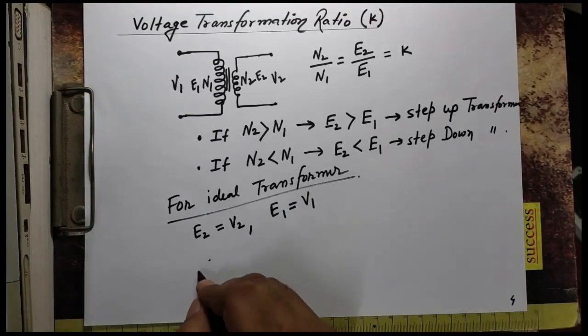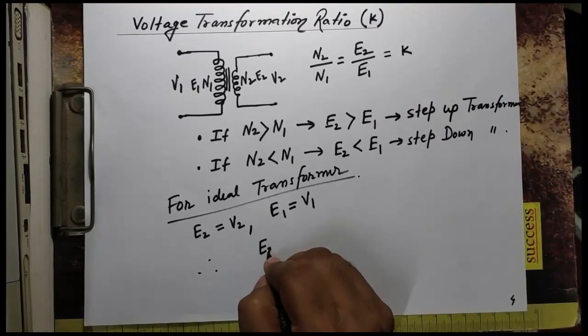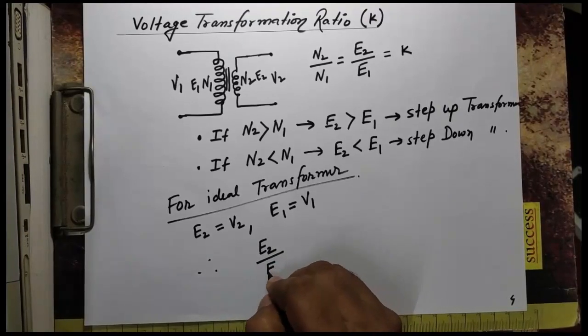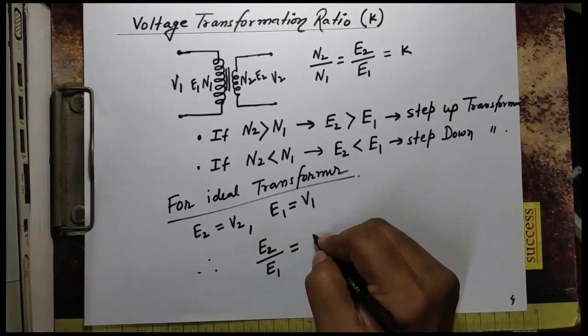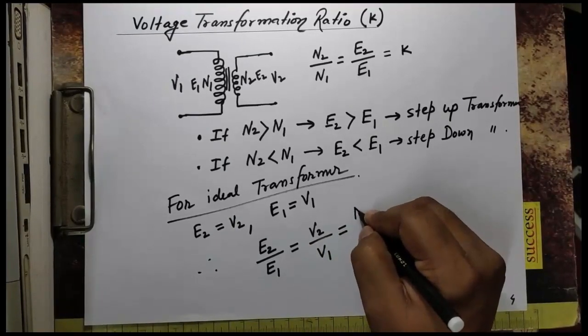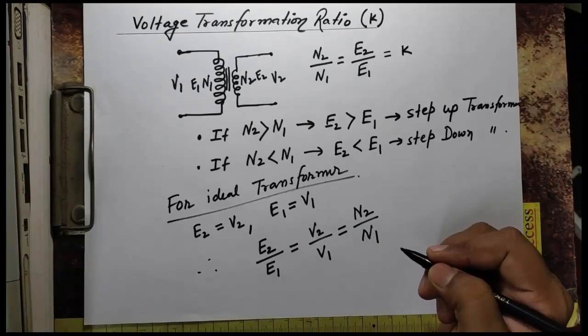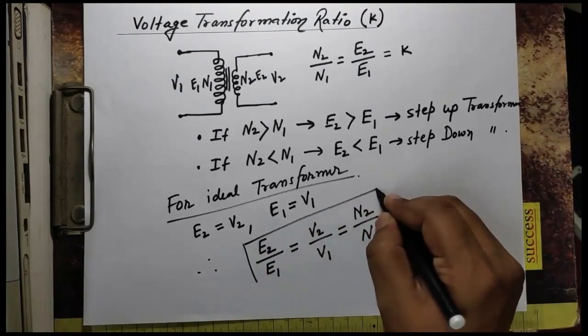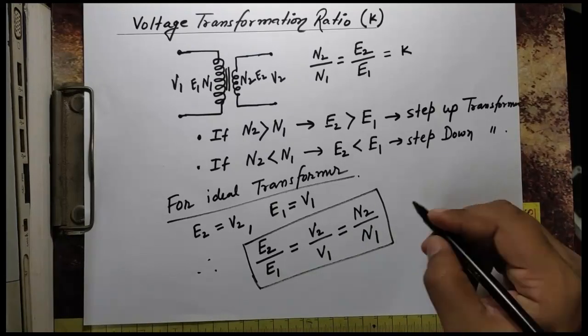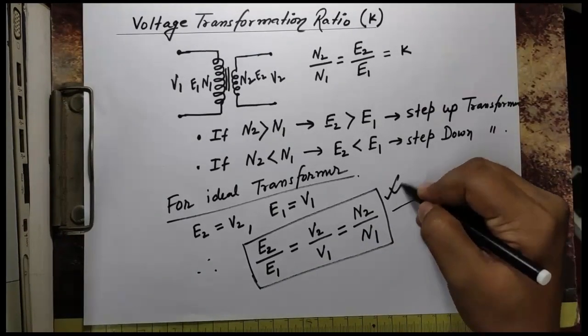Therefore we can write E2 by E1 is equal to V2 by V1 is equal to N2 by N1. This is an important relation.